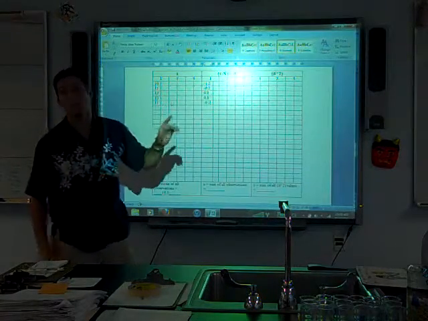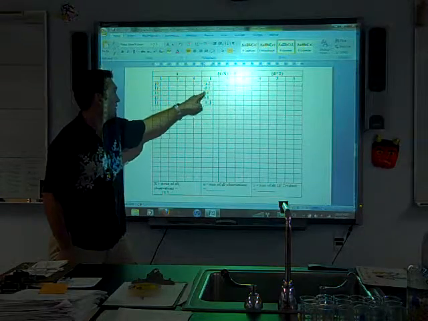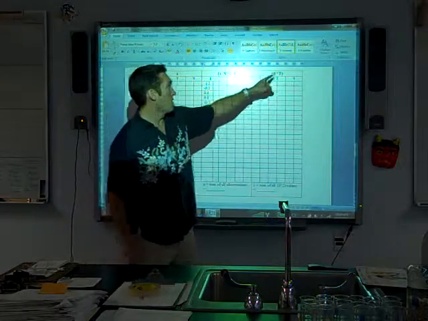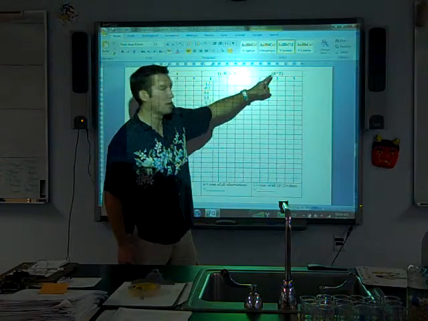So the next thing we do for the calculation is we take each one of these numbers and we square it. So we have to square each one of these numbers.